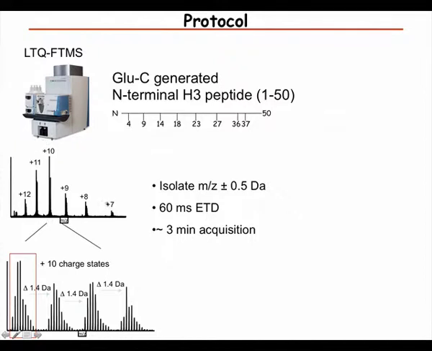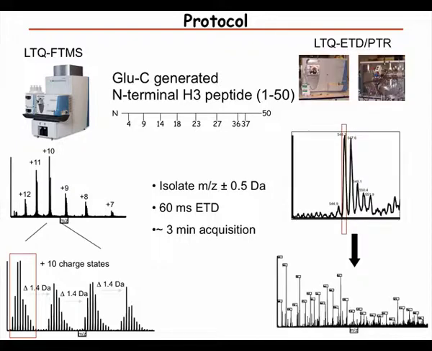You get this distribution of charge states, and then you can go in and isolate the different pieces. Within this 10 plus charge state, one has different combinations of modifications, so you get a lot of different modification states. You have to isolate and fragment each of them separately.